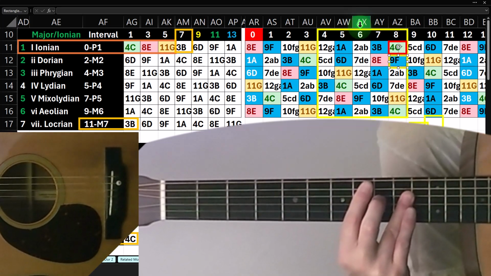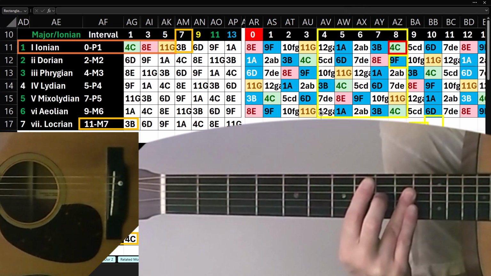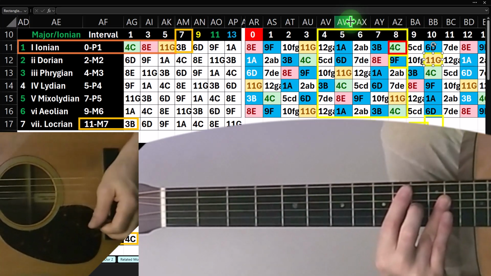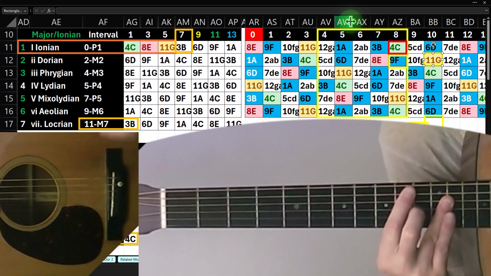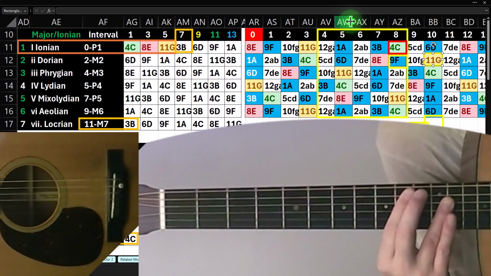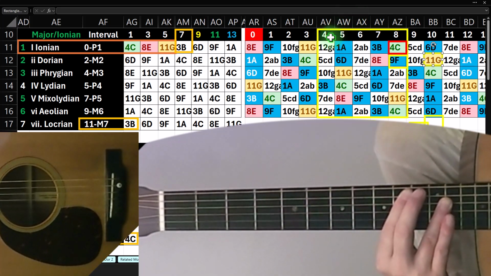And then I can go up to the G and also use an A-shaped bar chord. And the shapes are the same in essence, are uniform, because they all have a major third. They don't have a flat third. That makes them all movable.